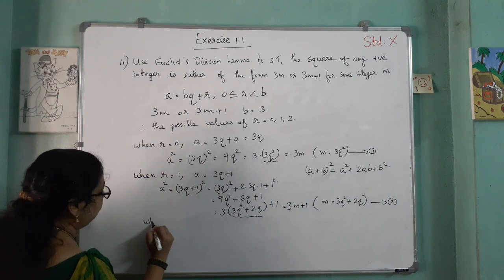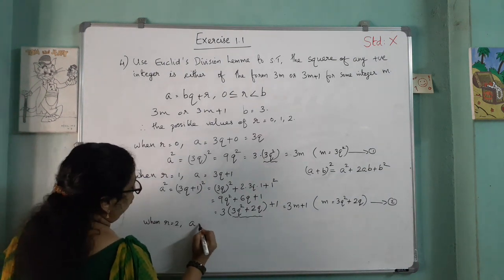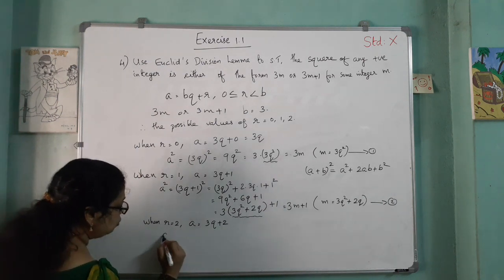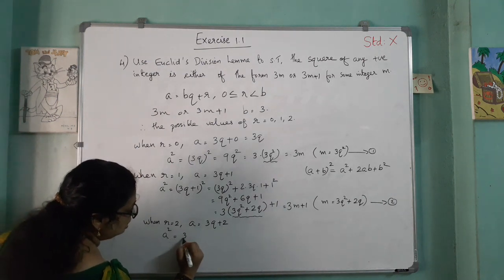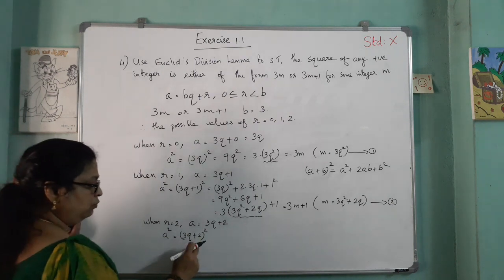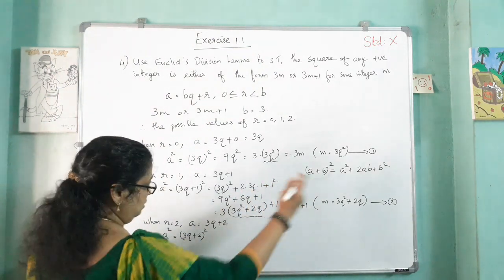Then next, when r equal to 2, a equal to 3q plus 2. Here also, squaring both sides, a square is equal to 3q plus 2 the whole square. This is also of the form a plus b the whole square, that is a square plus 2ab plus b square.